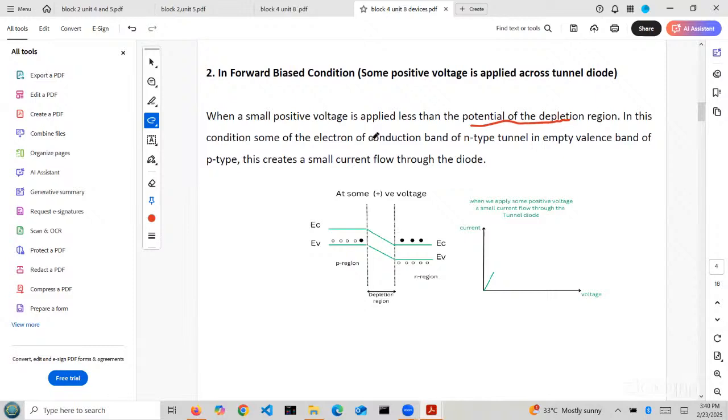Then some current conducts. This current is represented like this. See here, initially we have some current. And here in the conduction band, we have electrons that are jumping to the P region. Small amount of current is conducted. That is in forward bias condition.